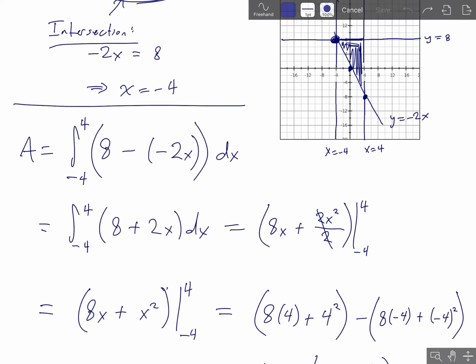So notice the region that we're computing the area for is a triangle. We can also compute, in this case, the area geometrically by just noting that this side length is 8, and this side length along the height is 16. And the area of an 8 by 16 triangle should be 64.